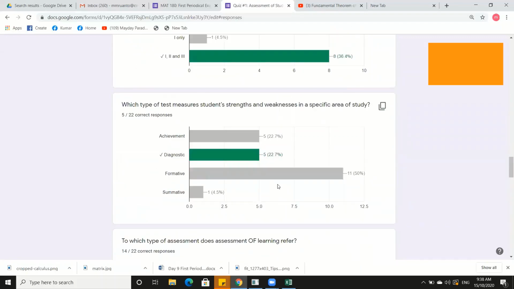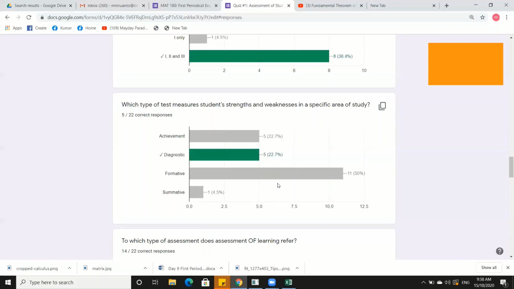Now, let's proceed with the next number. Which type of test measures students' strengths and weaknesses in a specific area of study? Okay. If you hear this kind of question, though I know in your modules it says formative, no?